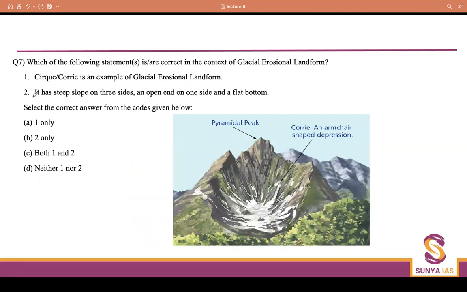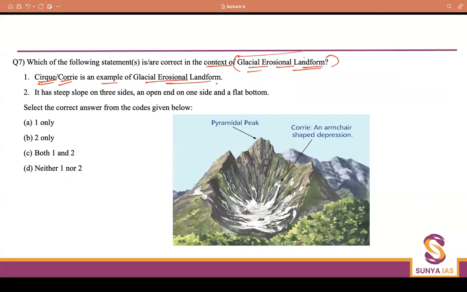Which of the following statements is correct in the context of glacial erosional landforms? The first statement says that a cirque or corrie is an example of a glacial erosional landform. Definitely, this is a correct statement. This is a cirque.